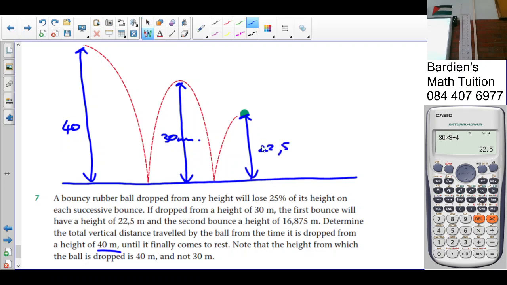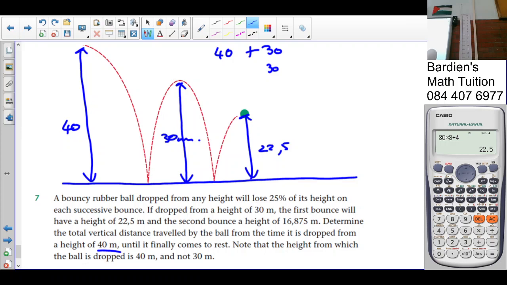Okay. So if you're looking at the total distance traveled by the ball, here we will have 40 as the first drop. It drops now and it reaches a height of 30 meters. But what's happening to this ball? It's coming down again. Can you see that? So this is actually going to happen twice.